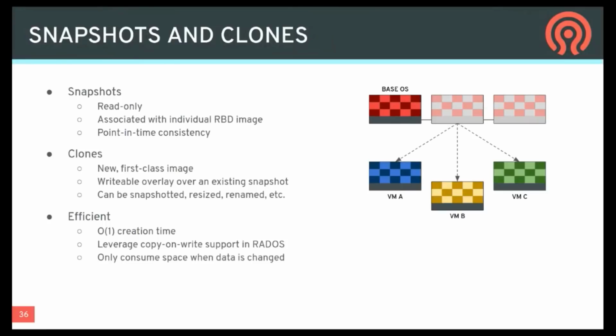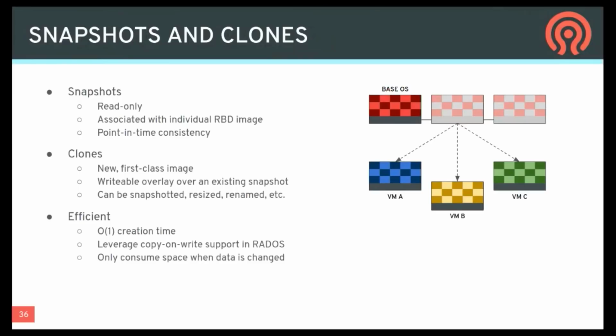A clone is a little bit different. In contrast to being read-only, it's actually a writable overlay that's created logically layered on top of an existing snapshot. A typical way these are used is that you might have an RBD image that's a base operating system image, like a blank, empty install of a particular Linux distribution.